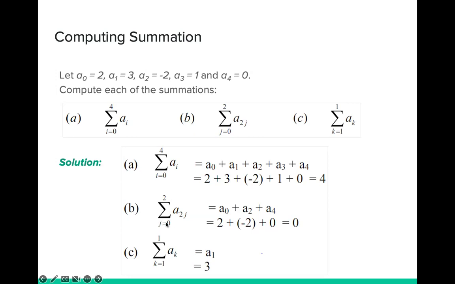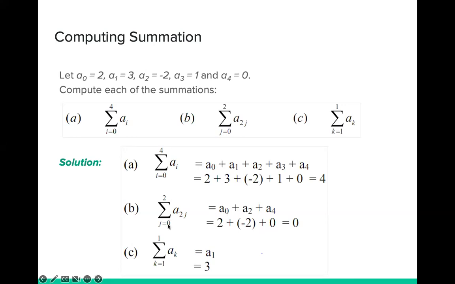The lower limit is 0, the upper limit is 2, and we have a sub 2j, so we are basically multiplying 2 to index j. If j is equal to 0, that would result to a sub 2 times 0, which is a sub 0.